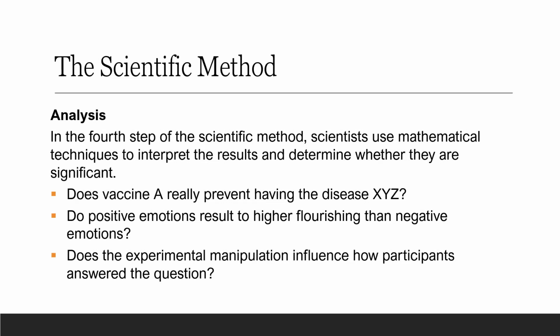So if there's no difference in psychological growth or flourishing between those who experience positive and those who experience negative emotions, then you cannot claim that positive emotions result in flourishing. But if you are able to find a greater amount of flourishing among those people who experience positive emotions, then you can claim that positive emotions lead to greater flourishing compared to negative emotions.